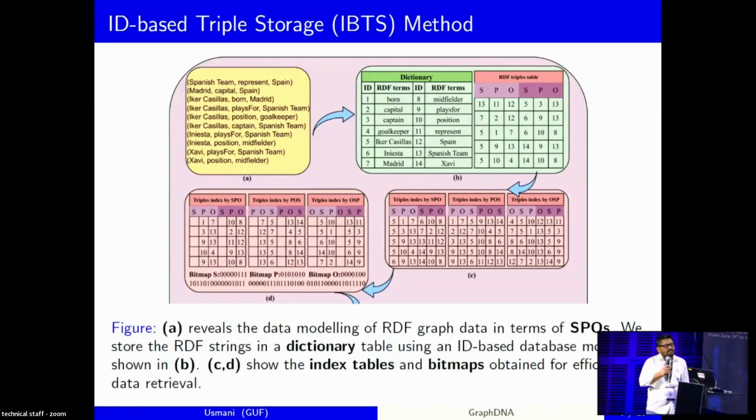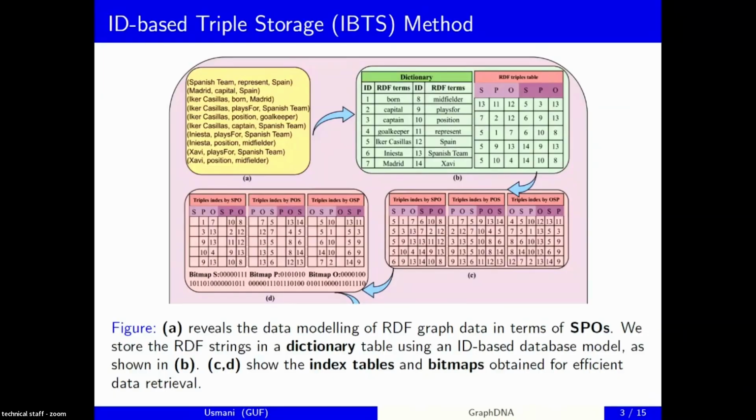An RDF graph is a data model which is used to represent information on the semantic web. Basically, it is a set of triples, each containing three components: a subject, predicate, and object. Here you can see the first RDF graph data, and we then use an ID-based triple storage model, which has two components.